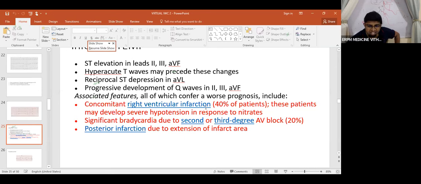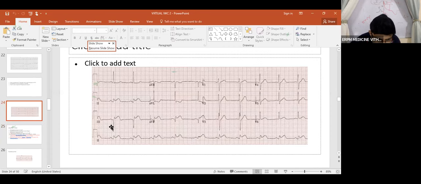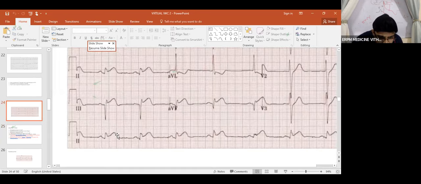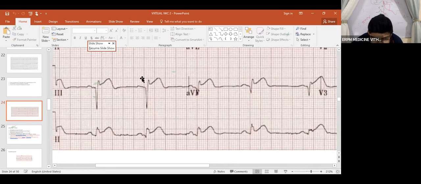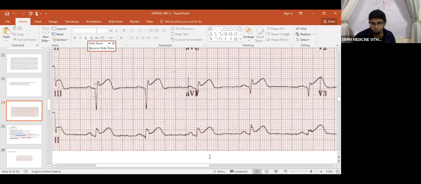If the MI progresses, they can develop Q waves. If you look at lead 3, can you see the Q wave? The negative wave is the Q wave.